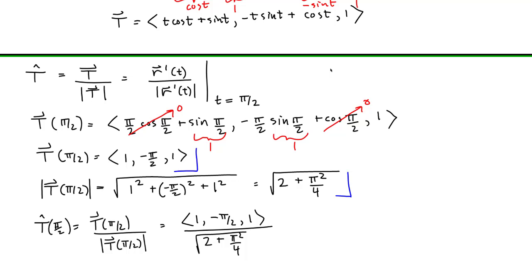Because I don't like fractions under radicals, I'm going to take another couple of steps here to clean this up a little bit. So I'm going to factor out a 1/4 from the expression in the radical. So this will be 8 plus pi squared, and that is under the square root. And we have the vector whose components are 1 minus pi over 2 and 1.